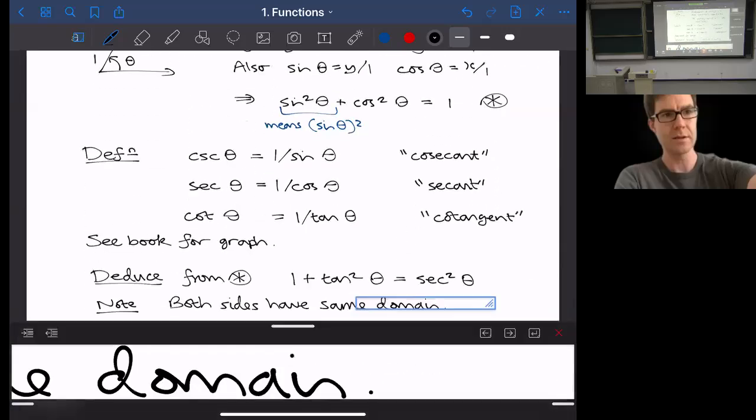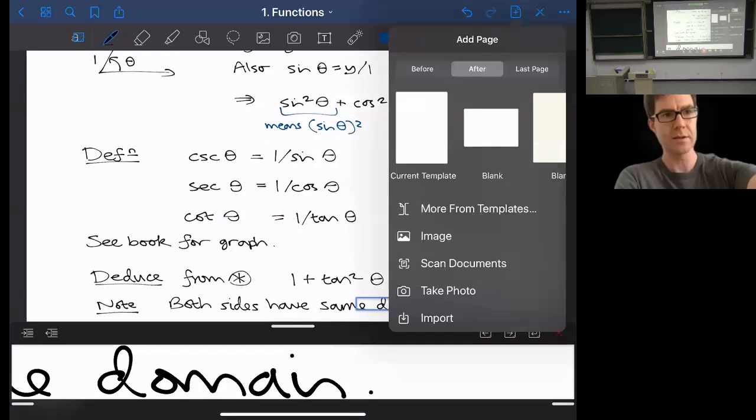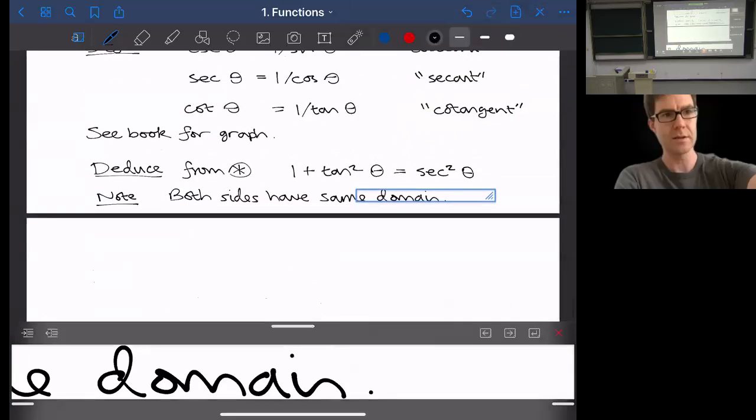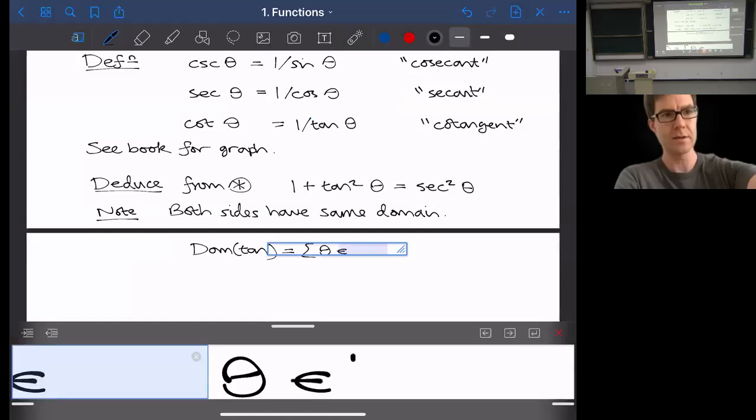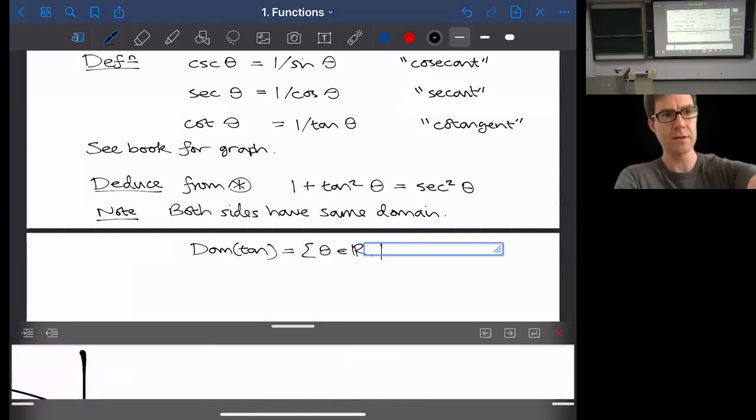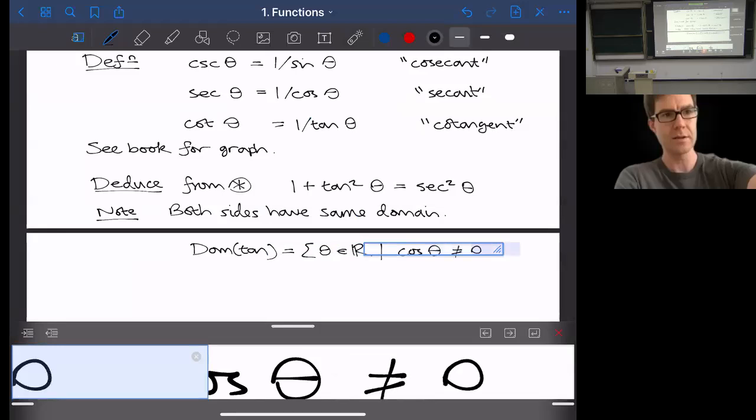So let me write that down. So the domain of tan is the set of theta in R such that cos theta is not zero.